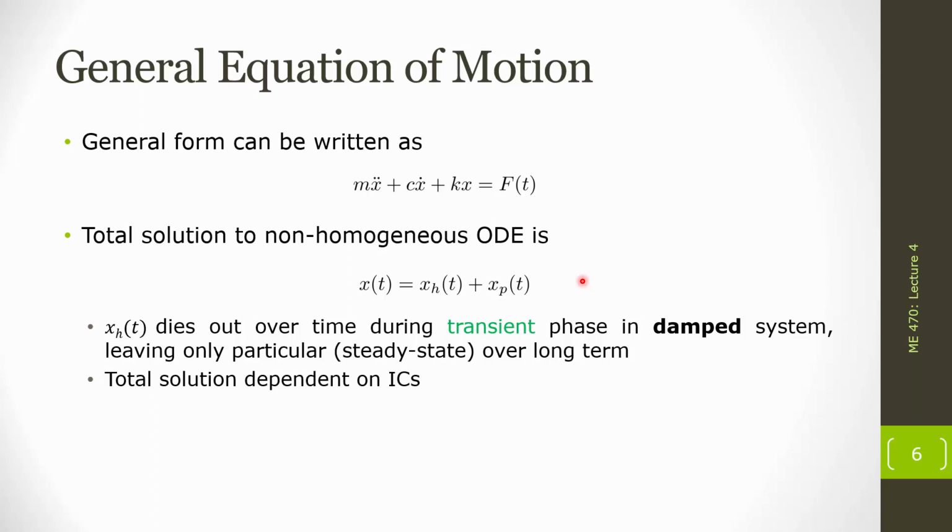Now, for free vibrations, the homogeneous part was the total solution because in that case, where our right-hand side was 0, the particular solution itself was always 0. So in the previous section, x of t was xh, the homogeneous solution. Now again, we must keep in mind we're going to have our homogeneous solution and our particular solution making up the total solution, and that's what we apply the initial conditions on.